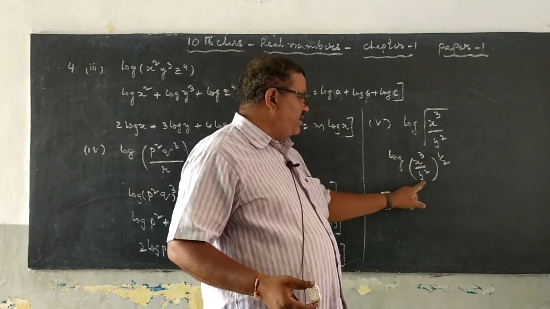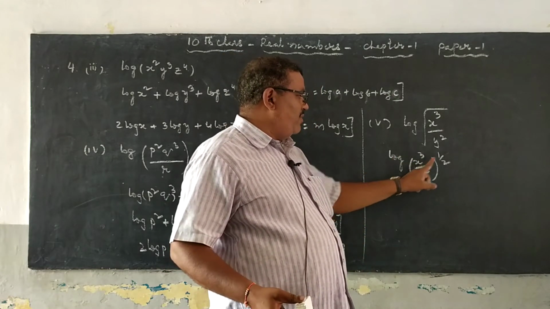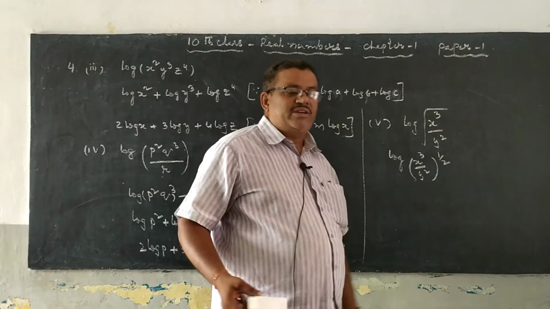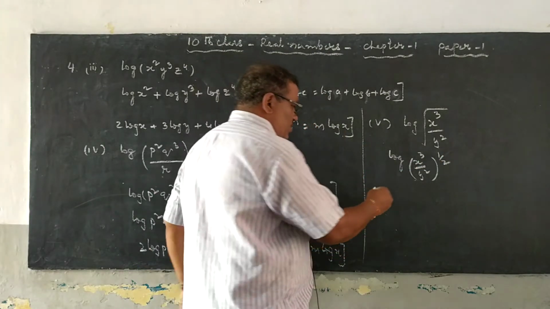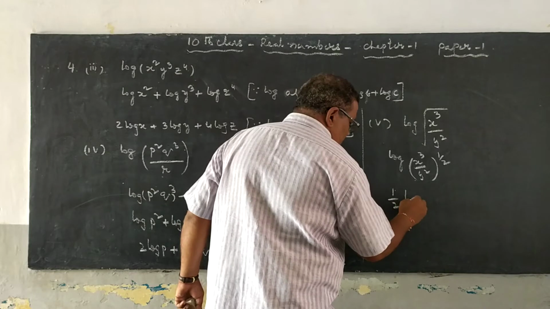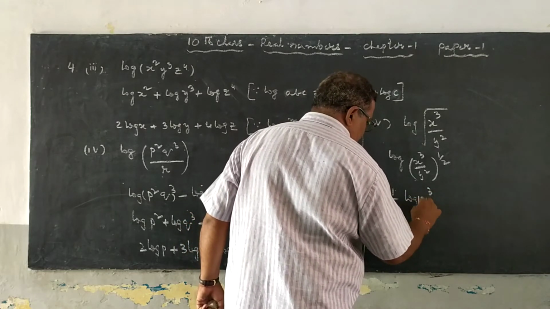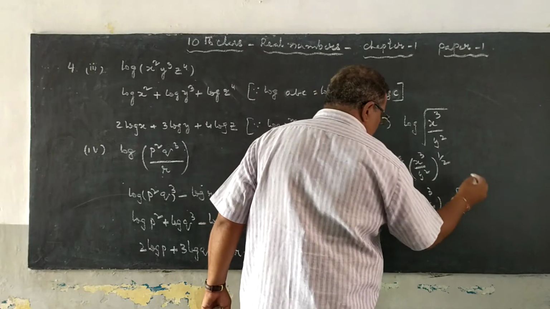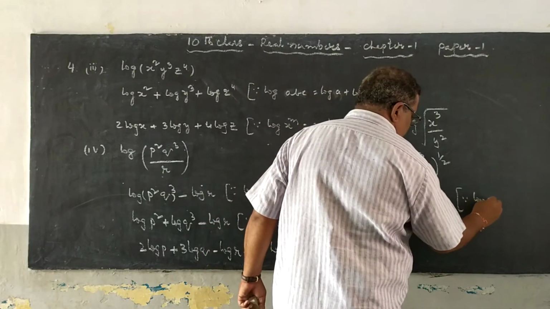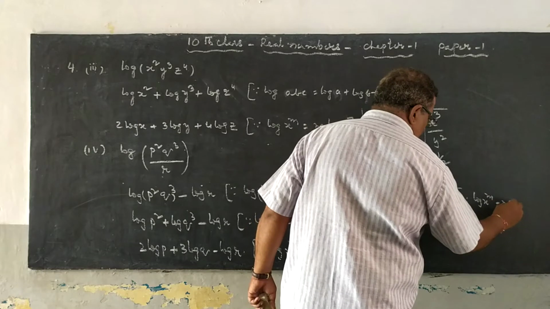Again, think of this entire thing as x: log x power m can be written as m log x. So we get half log x cube by y square, from the supporting formula log x power m equals m log x.